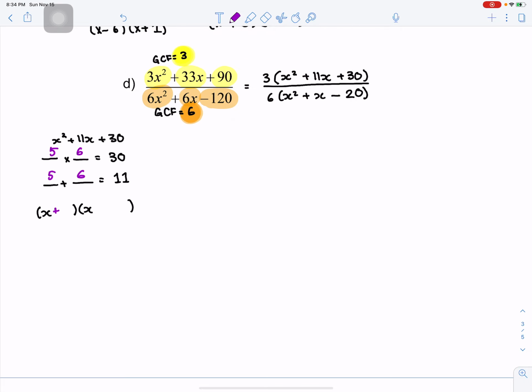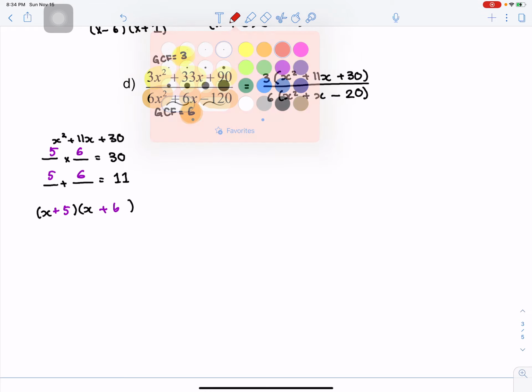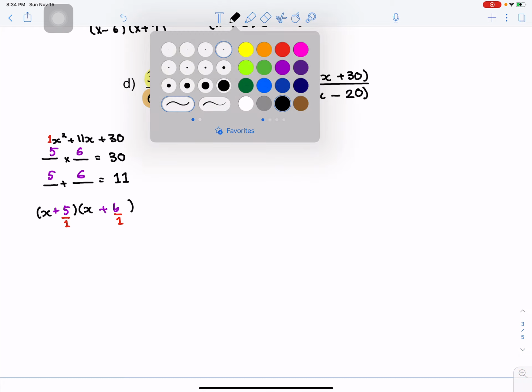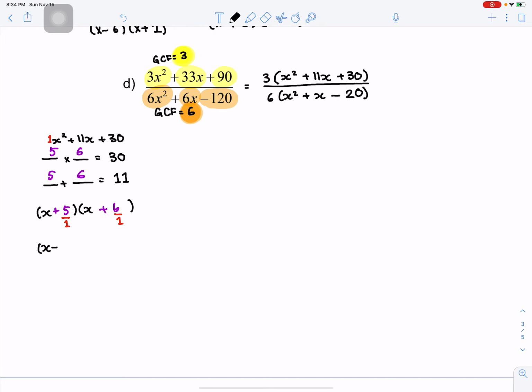I'm going to put my plus 5, my plus 6. You have to identify your a value. In this case, my number in front of the x squared is a 1, so I'm going to divide by 1, divide by 1. 5 divided by 1 is 5. 6 divided by 1 is 6, and so there's my factored numerator: x plus 5, x plus 6.